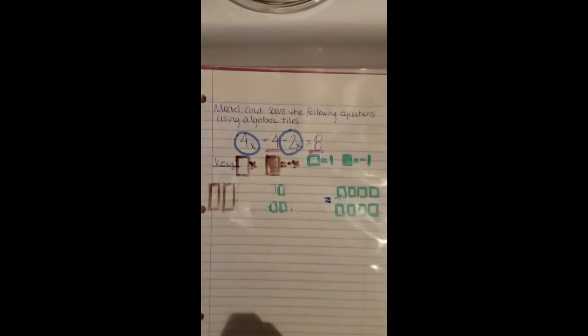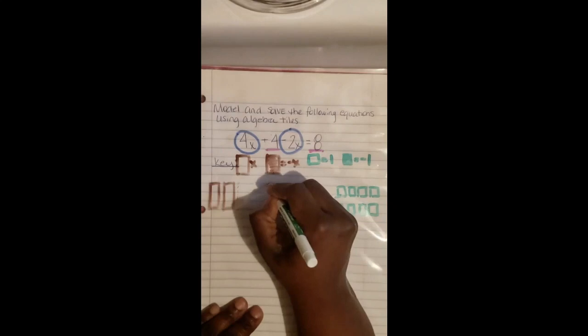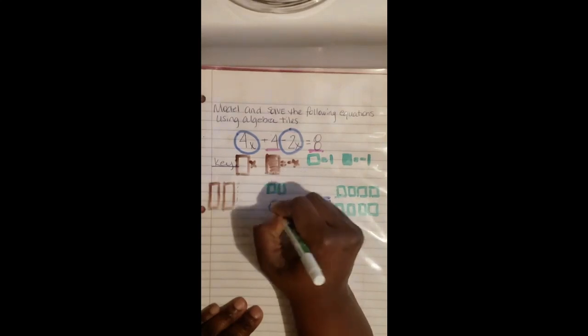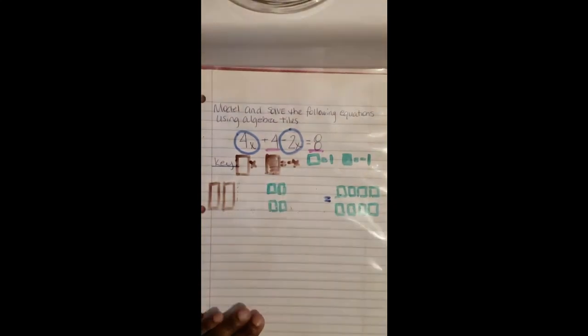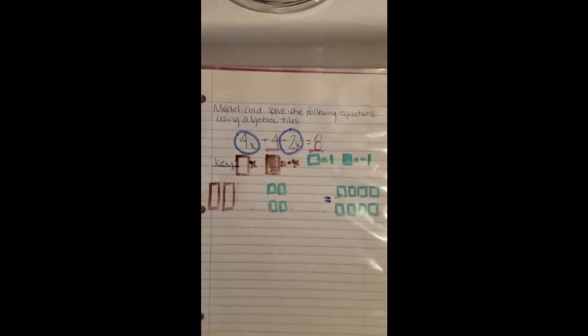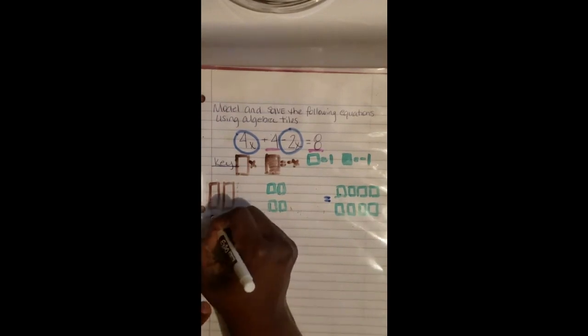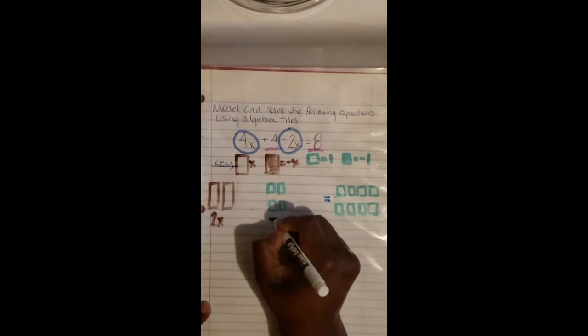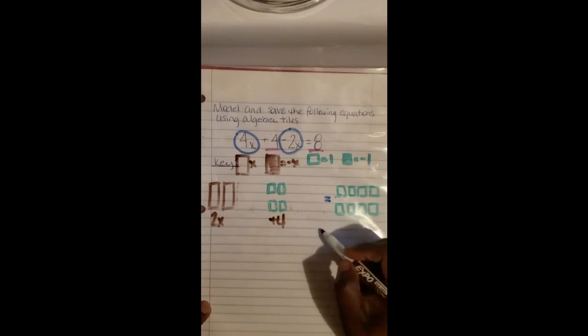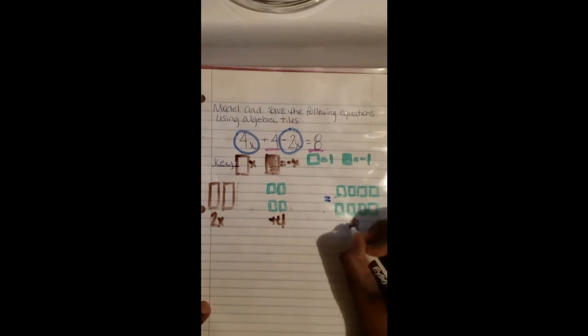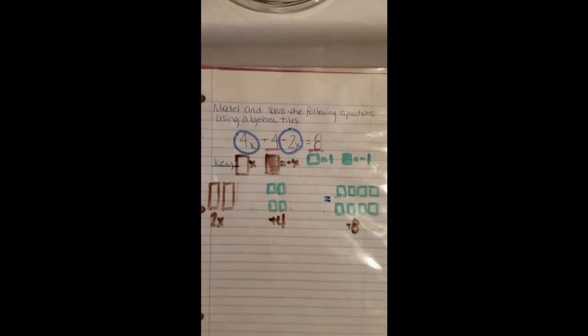Okay? Then I have to redraw my units that I have accidentally erased. So now, once you simplify that first step, you are left with 2x plus 4. All of this is equal to positive 8.